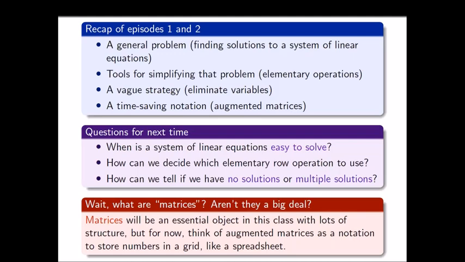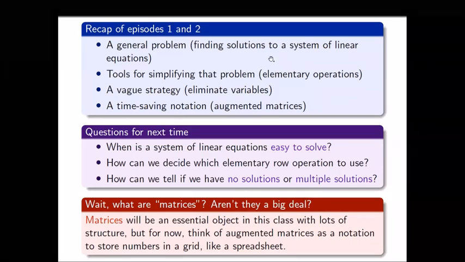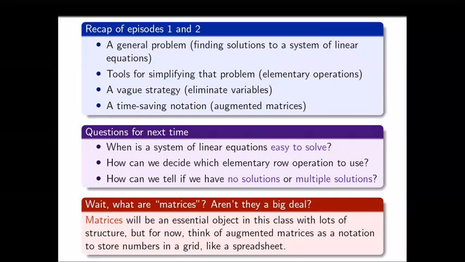How can we decide which elementary row operation to use, and how can we tell if we have no solutions or multiple solutions? And we did introduce matrices today, but not in a proper way. So for now, just treat them as very formal spaces to store numbers, like a grid or a spreadsheet.